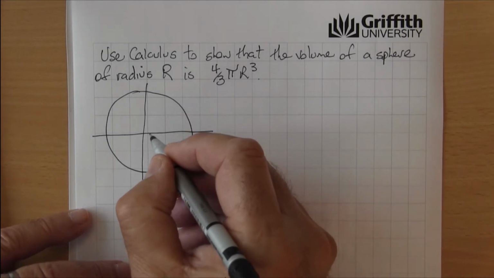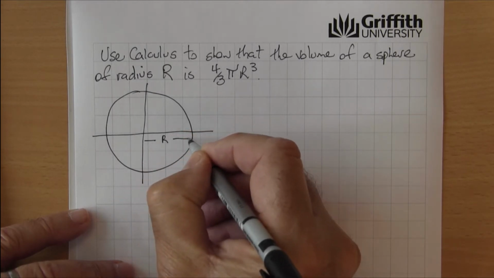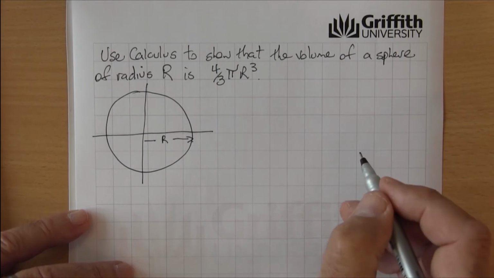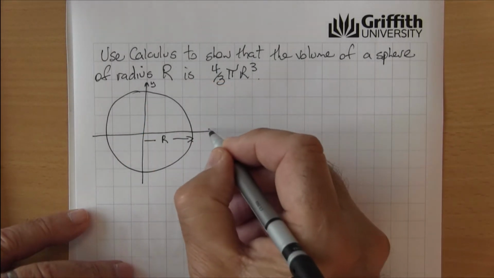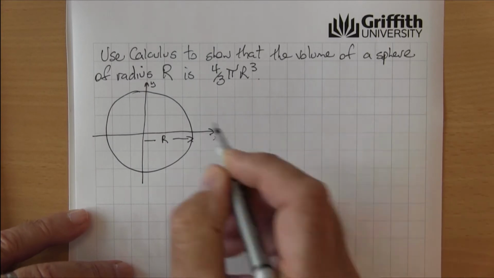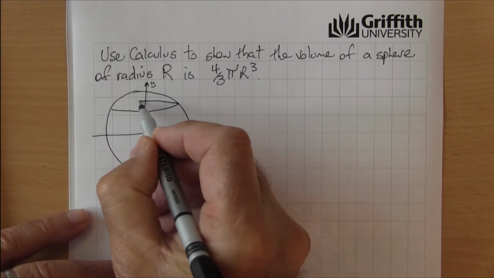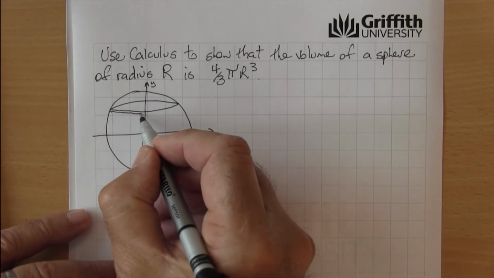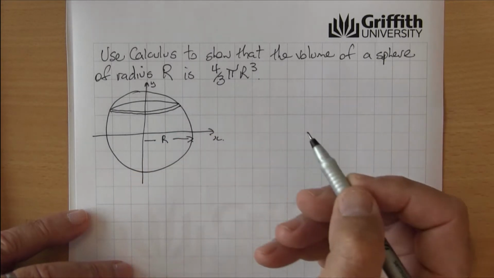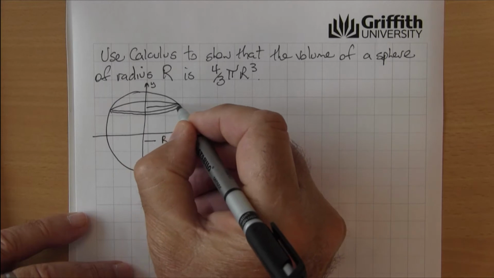So it's got a radius of capital R, and this will be my y-axis and my x-axis. Now once again, we're going to take a very, very small, thin sliver out of the sphere, and we'll let that have a radius of r.